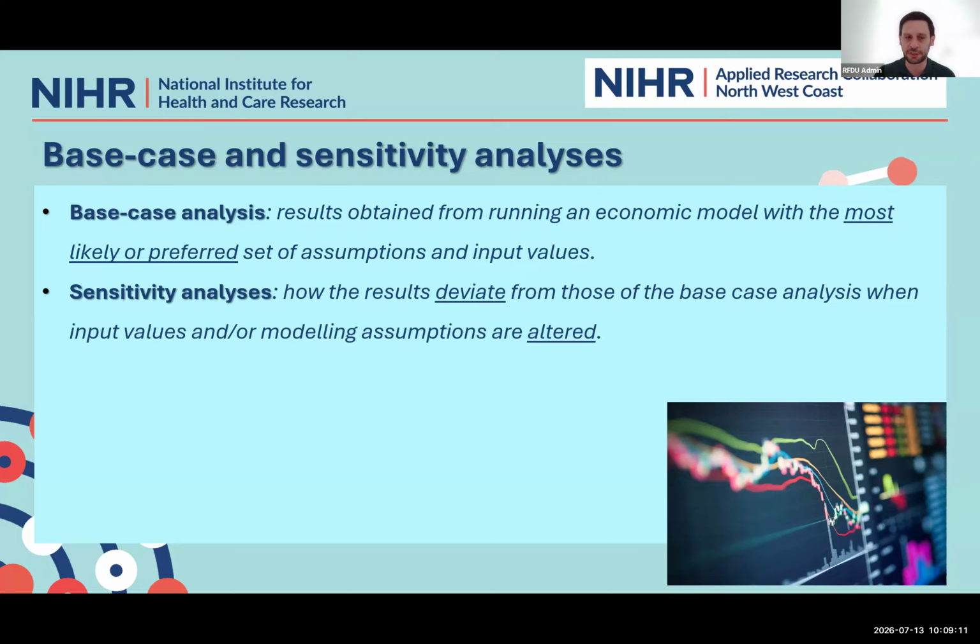That might be the costs or values of the effectiveness, the outcomes, and what might happen to the results. That is important because, as I mentioned a few seconds ago, in the base case analysis we are looking at the average patient, but that's not going to be fully representative of all our patient population.